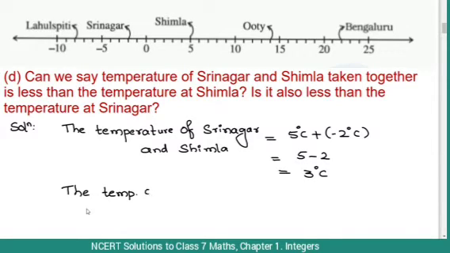The temperature at Shimla is 5 degrees Celsius. Therefore, 3 degrees Celsius is less than 5 degrees Celsius.